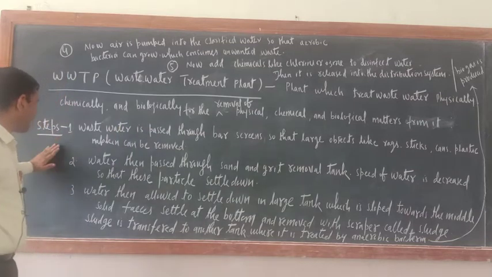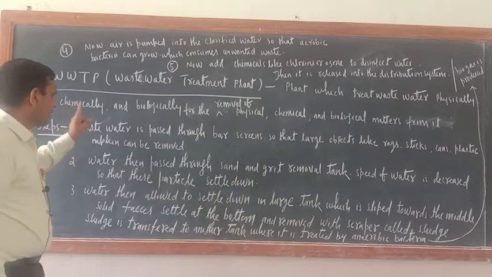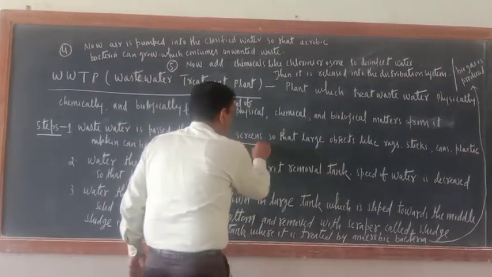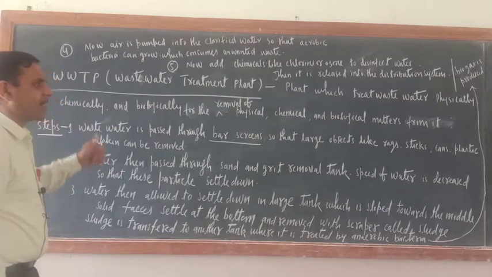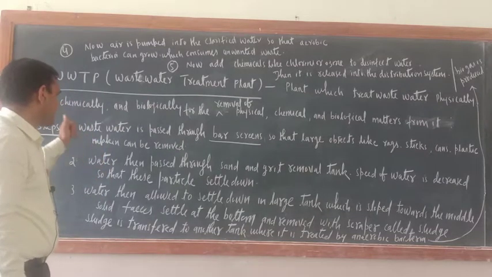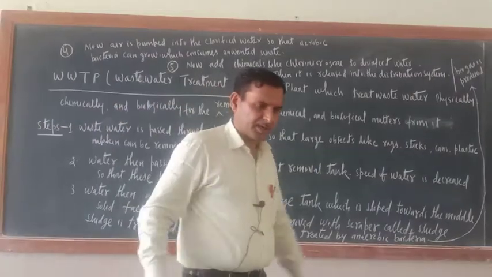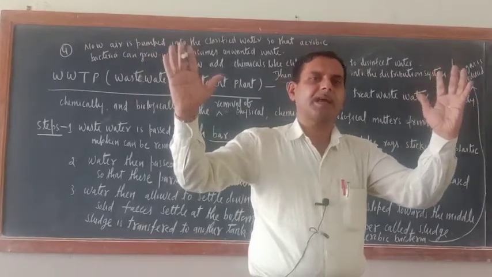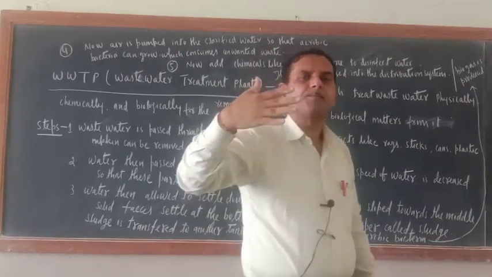How many steps does the water have to go through? Just see step number one. First of all, wastewater is passed through a bar screen so that large objects like rags, sticks, cans, plastics, napkins can be removed. Suppose this is one big tank. First of all, water should pass through one bar screen.